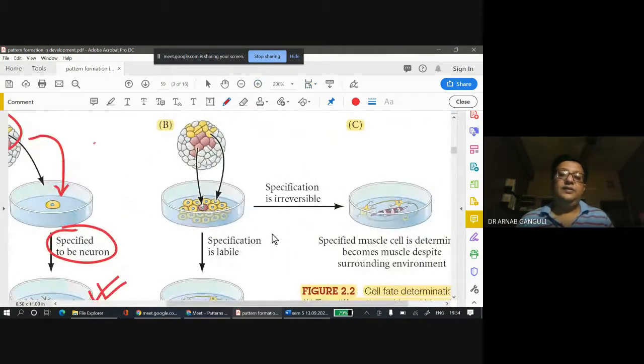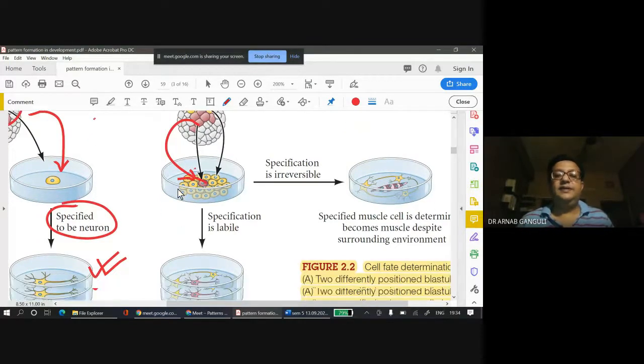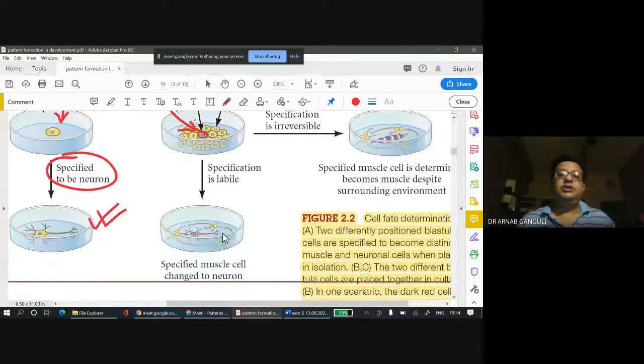Now, this muscle cell is placed in between nerve cells. What happens? It was already specified for making a muscle cell, but it gets changed into a nerve cell. Instead of muscle, it forms a nerve cell.